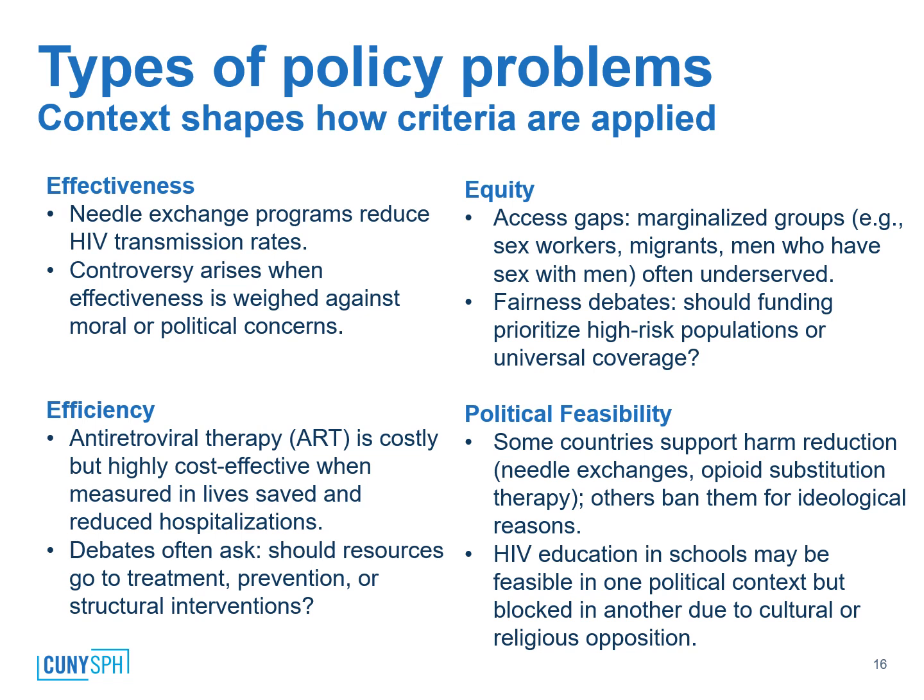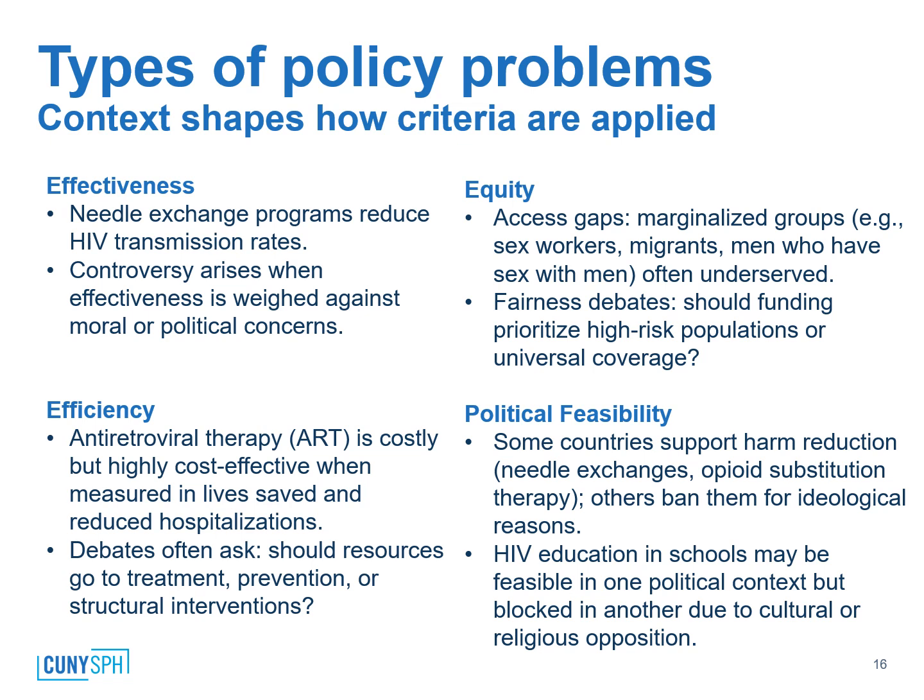For equity, HIV exposes stark inequities. Migrants, sex workers, men who have sex with men, all of these often lack access, and policymakers have to decide: should resources prioritize the highest risk groups, or should the system aim for universal but thinner coverage?